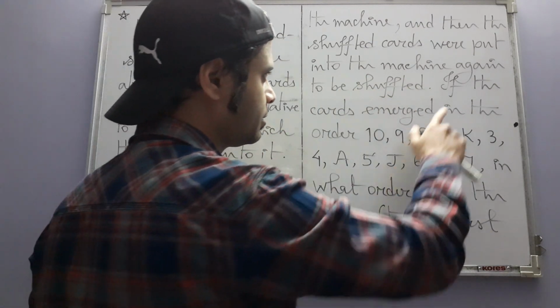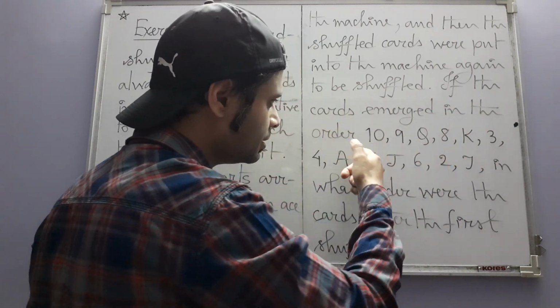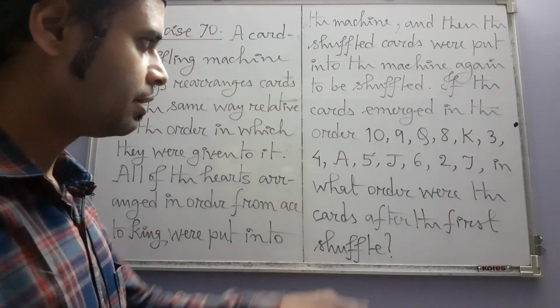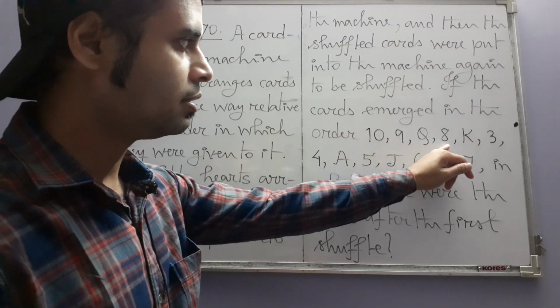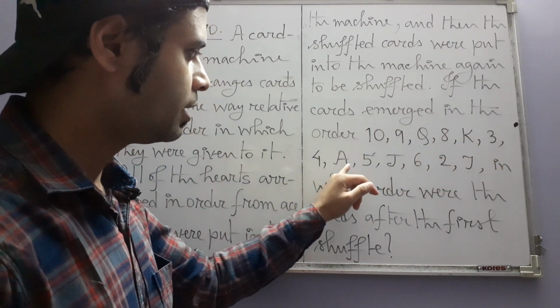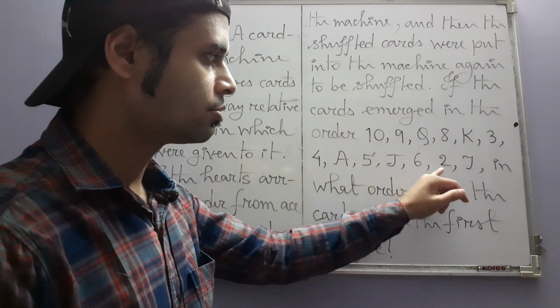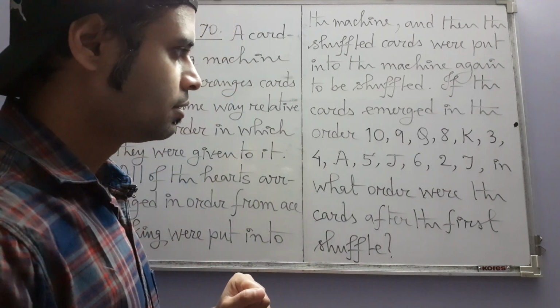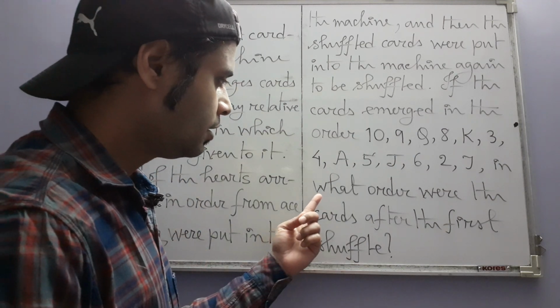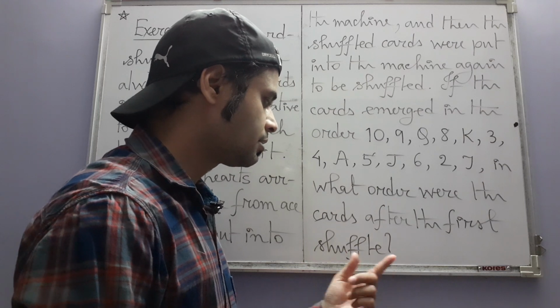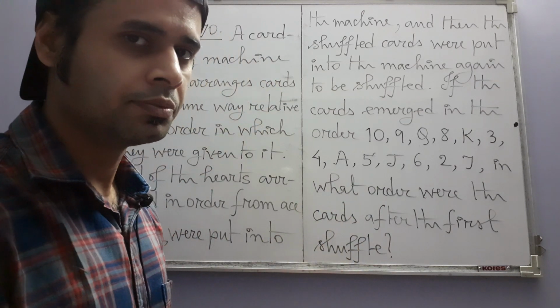And after that, the cards emerged in this order: 10, 9, Queen, 8, King, 3, 4, Ace, 5, Jack, 6, 2, and 7. If that is the case, then in what order were the cards after the first shuffle?